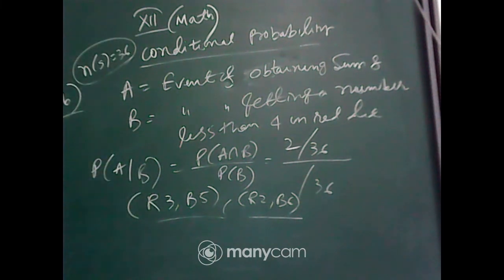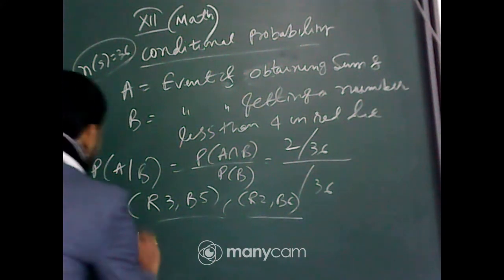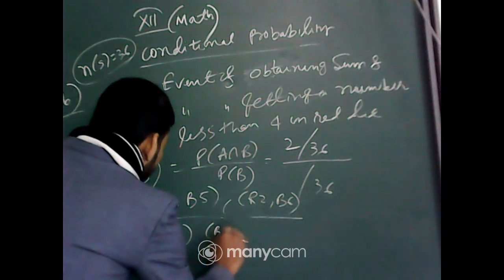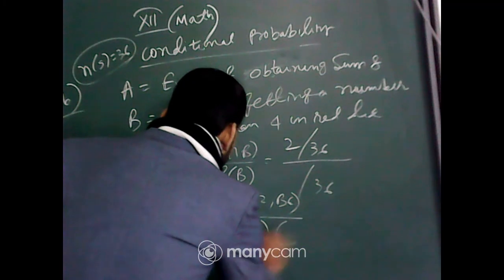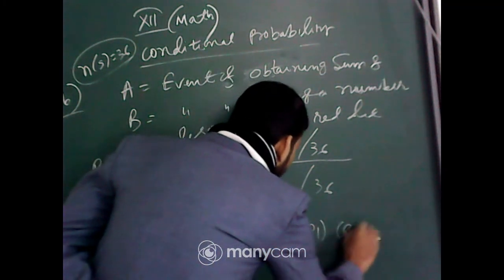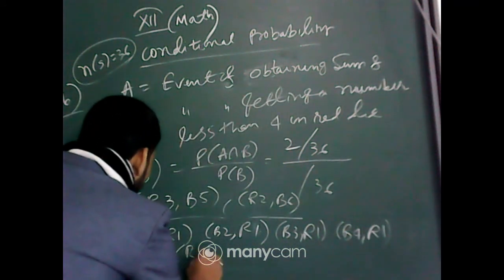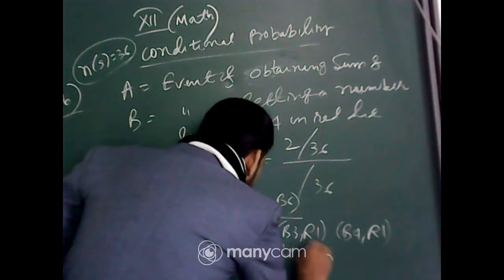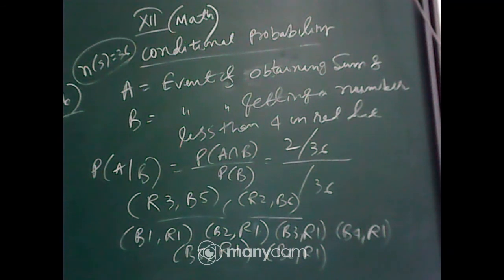Akash and Subhajit, isn't it 18? So it is 18 by 36.